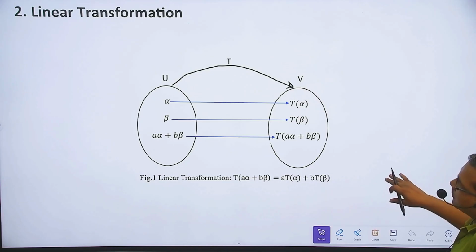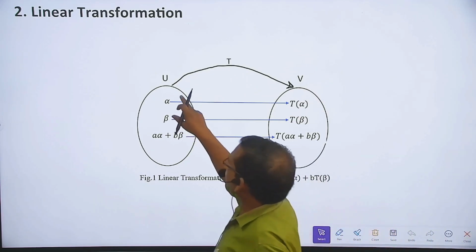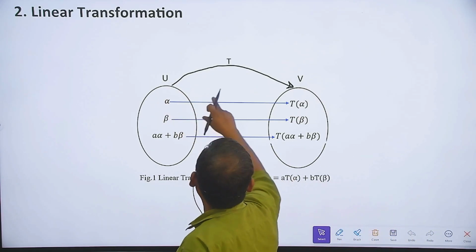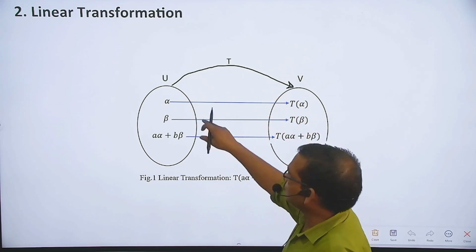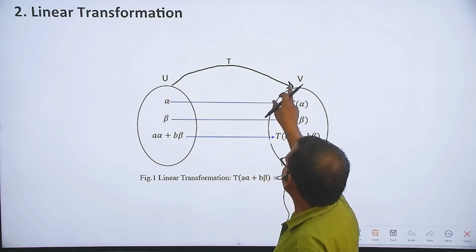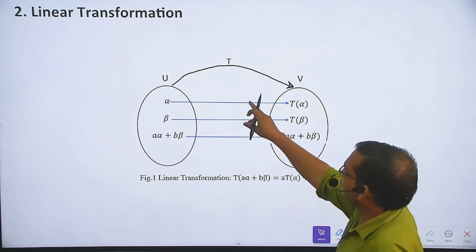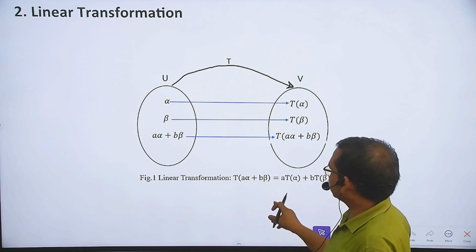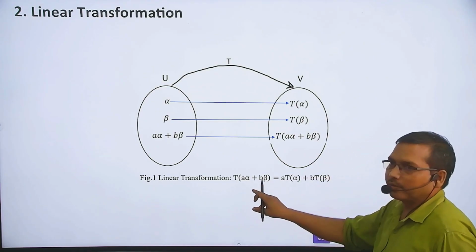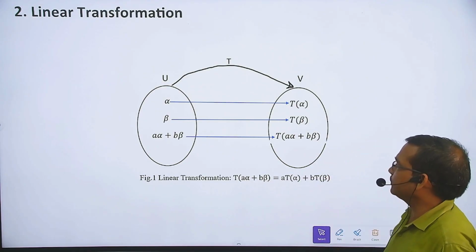Linear transformation. U is a vector space and V is another vector space. U represents the domain and V is the codomain. And T is a mapping or transformation if it satisfies this linear property. What is the linear property?